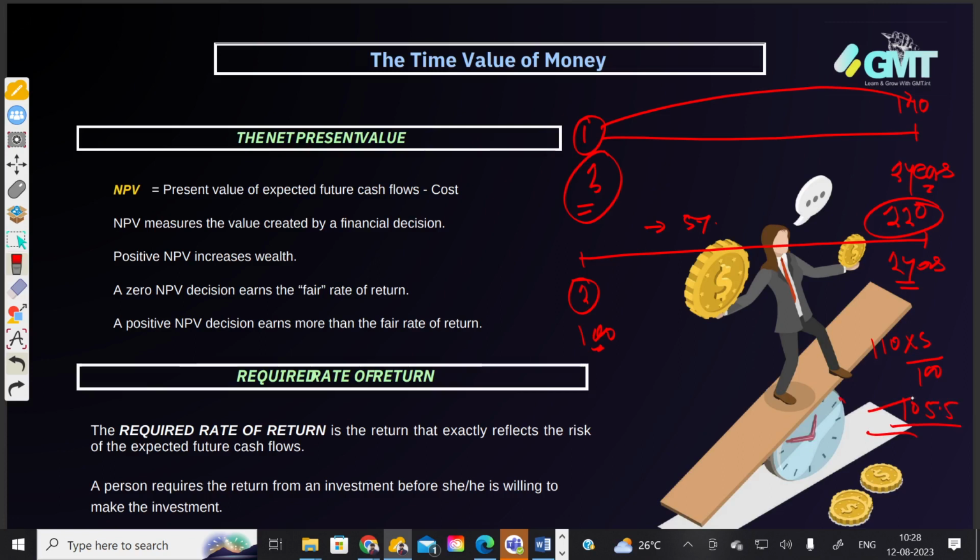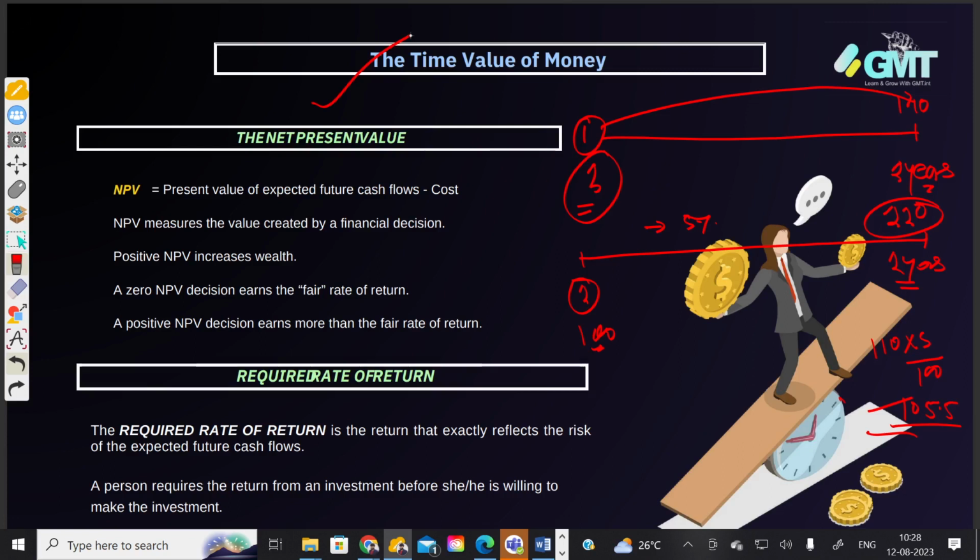Why? Because time has a value in finance. Without considering time, we won't be able to calculate the actual value of an investment.